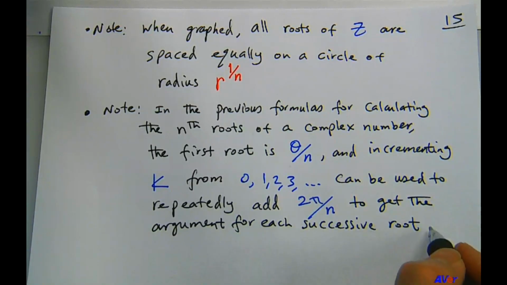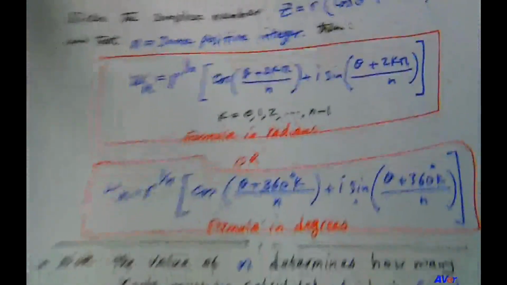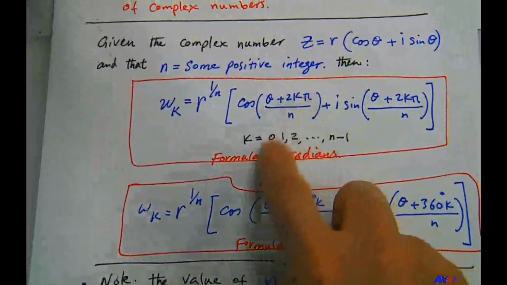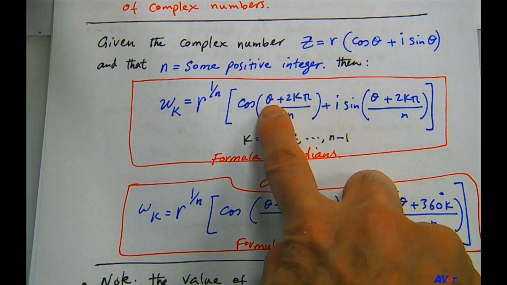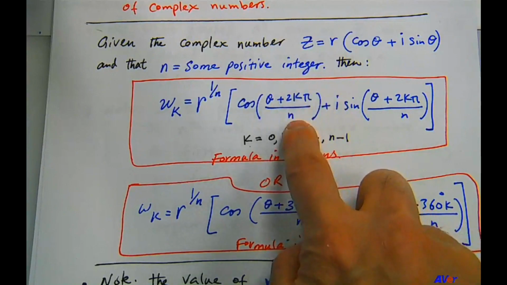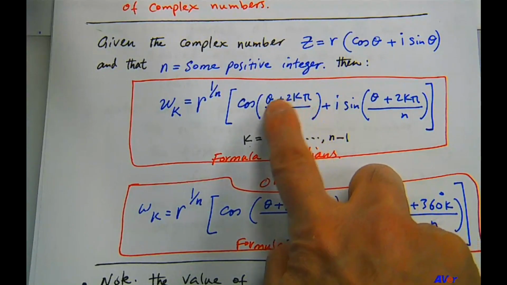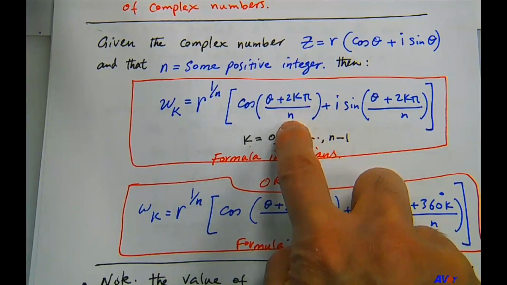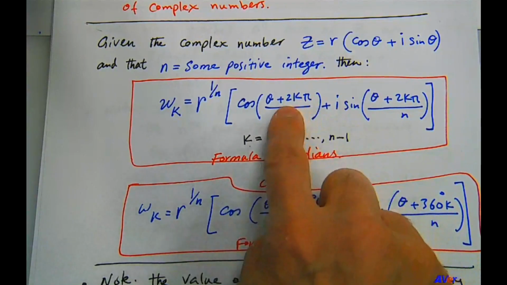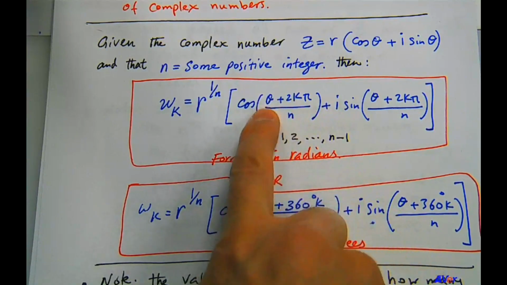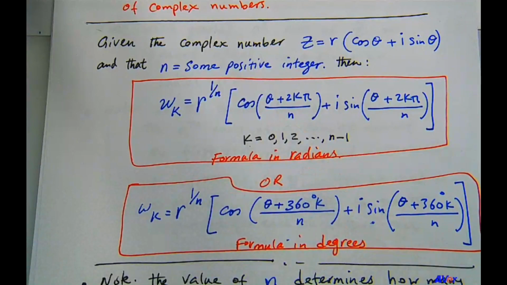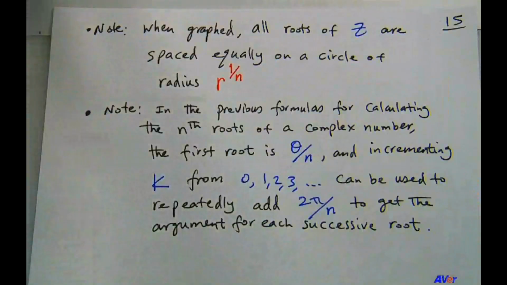Okay, so that means if we go back to this, beyond k equals 0, if k equals 1, you'd have theta plus 2 pi over n. If k equals 2, then you'd have theta plus 4 pi over n. So repeatedly we're adding multiples of 2 pi to theta over n to find each of the successive roots. That's what that note is basically saying.